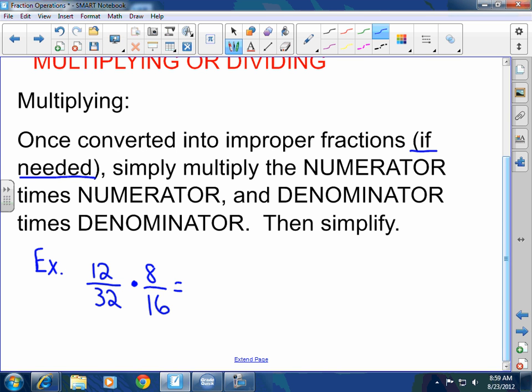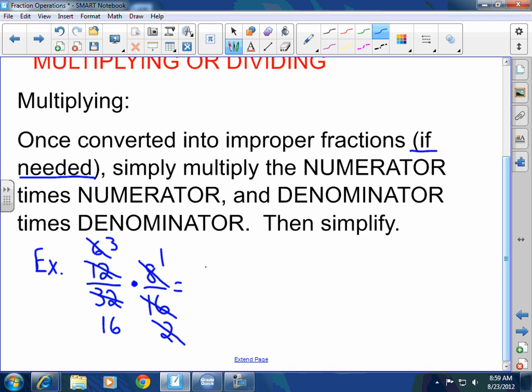By cross dividing, yes. So, for example, 8 goes into 8 how many times? One time. 8 goes into 16 how many times? Twice. 2 goes into 2 one time. 2 goes into 12 6 times. 2 goes into 6 3 times. 2 goes into 32 16 times.